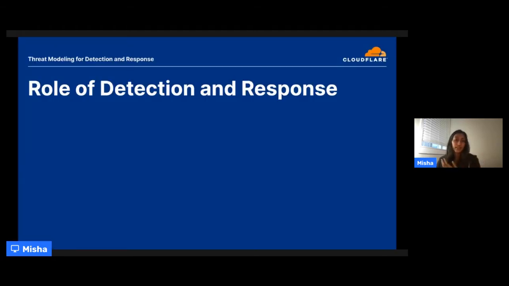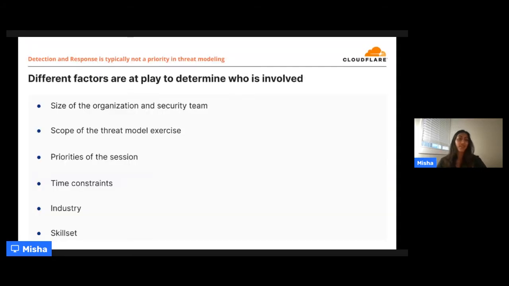So if your team is too small to have a dedicated function just for detection and response, then you can think about all of the things that I'm going over in terms of someone advocating for DNR principles. Some of the things I'm going to be describing are a lot like how it's done at Cloudflare, but the approach may be varied based on the company and the security team. So it's supposed to be flexible around that.